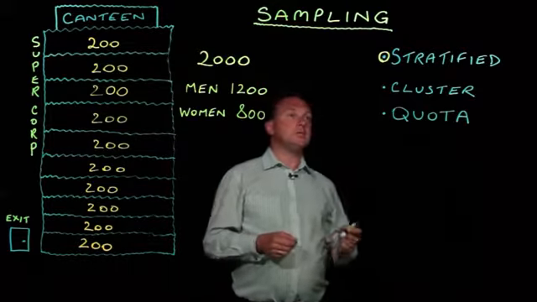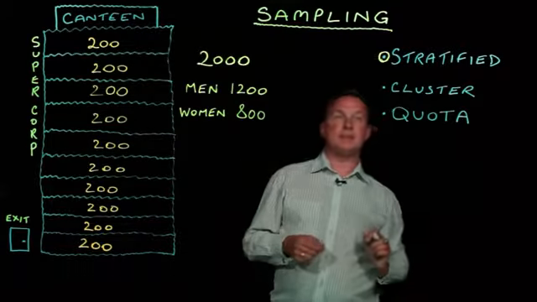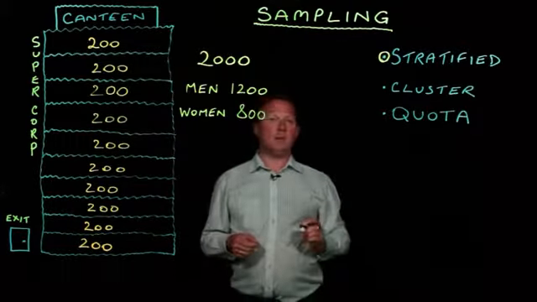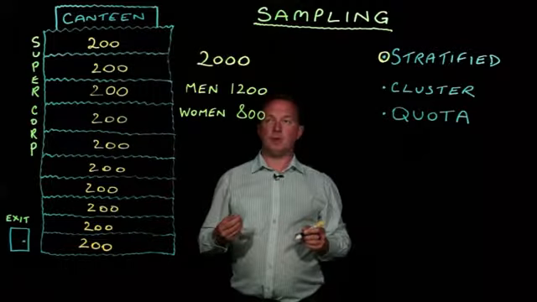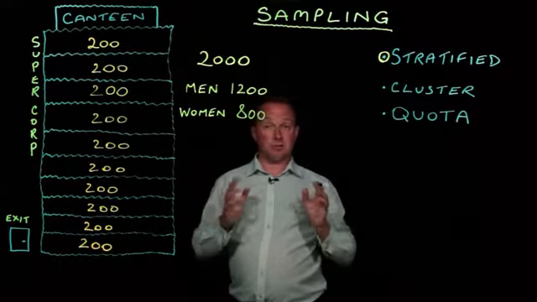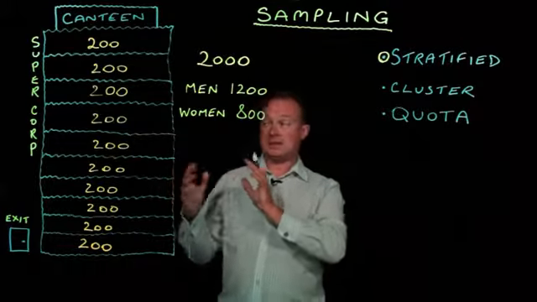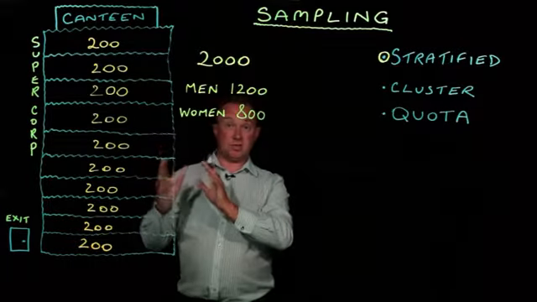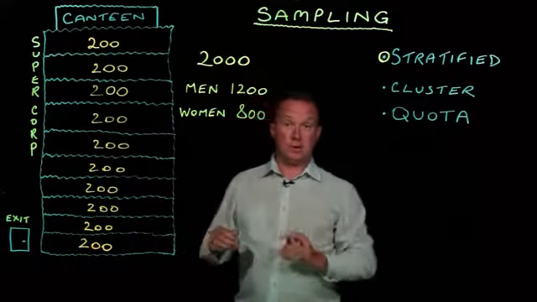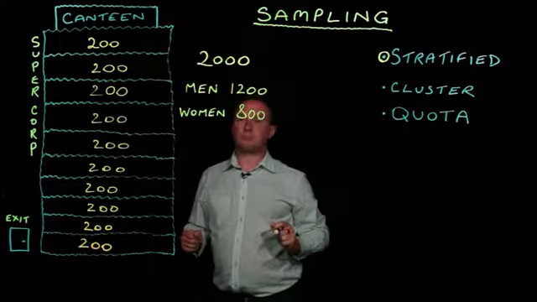Okay, so the sample that we're going to take in our stratified sample may be that we say, okay, we want to make sure that our sample exactly reflects what's happening in terms of the amount of men and women within the population, within the whole tower block.